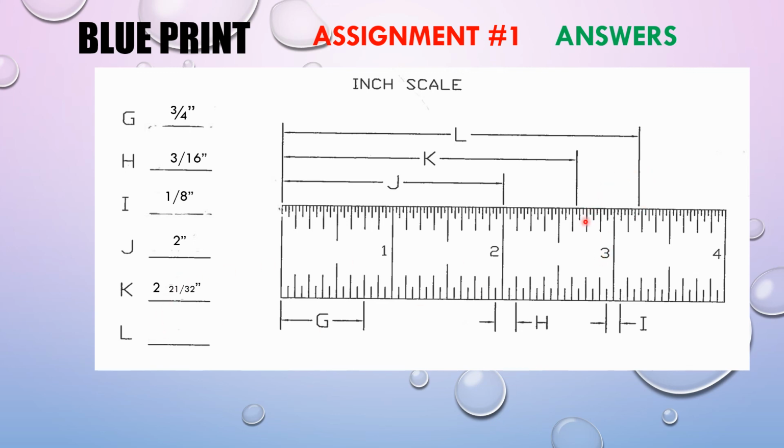So let's give this a try. 1, 2, 3, 4, 5, 6, 7. Right? So can you reduce 7 over 32? Answer is no, you cannot. And there's your answer. 3 and 7/32 of an inch.